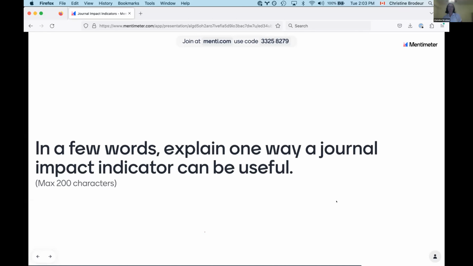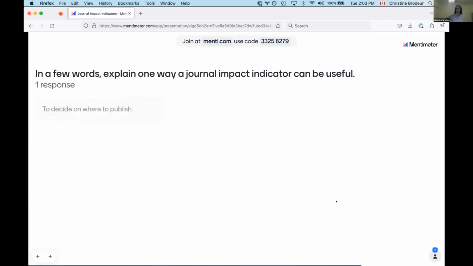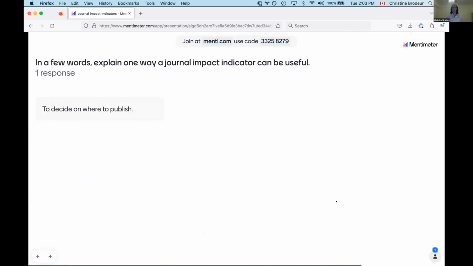I have a couple listed as well, but you've worked with researchers as well. You've seen them used. So I thought I'd hear from you as well, because I probably don't have all the answers. We've learned a few things from the chat as well. So on deciding where to publish, I'll expand a little bit.